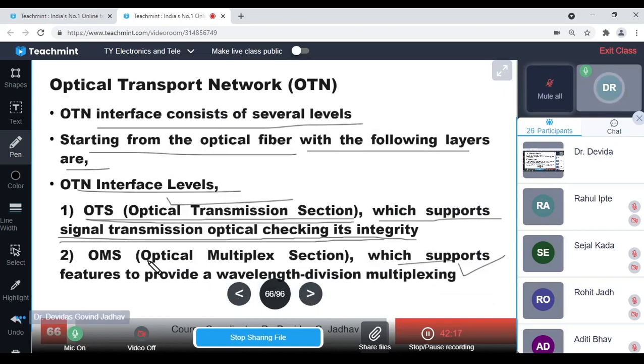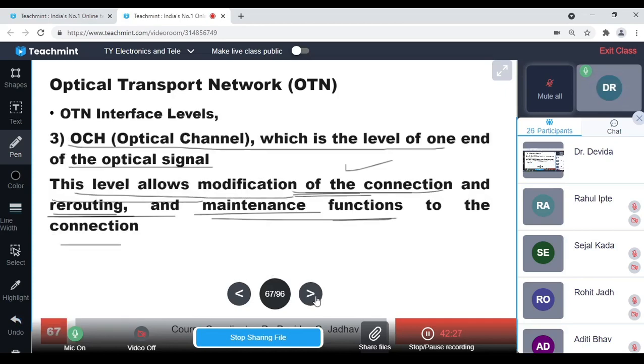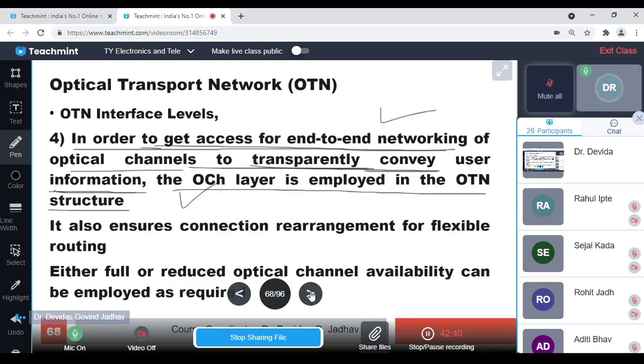Then the OMS, optical multiplex section, supports the feature of providing the OCH optical channel, which is the level of one end of the optical signal, and this level allows modification, that is routing. This OCH layer can be employed in the OTN structure.